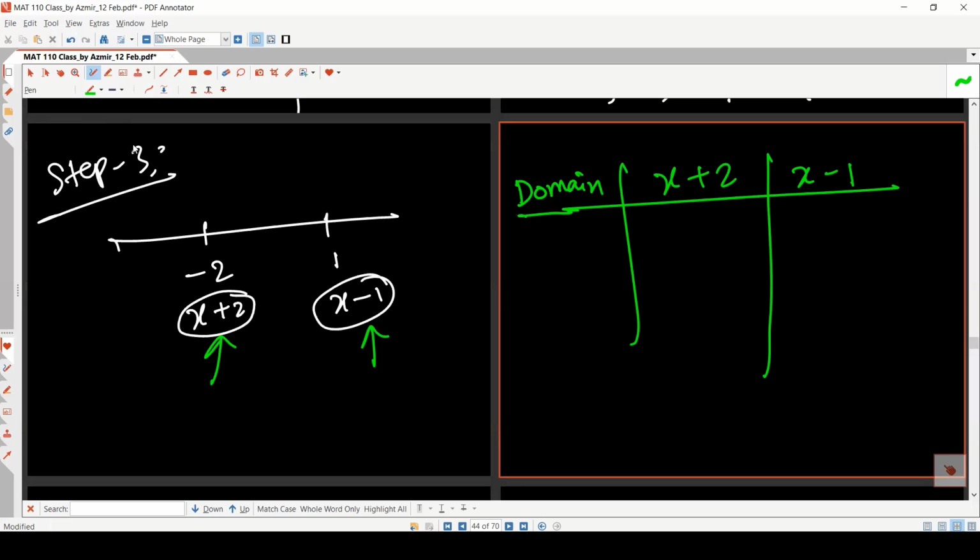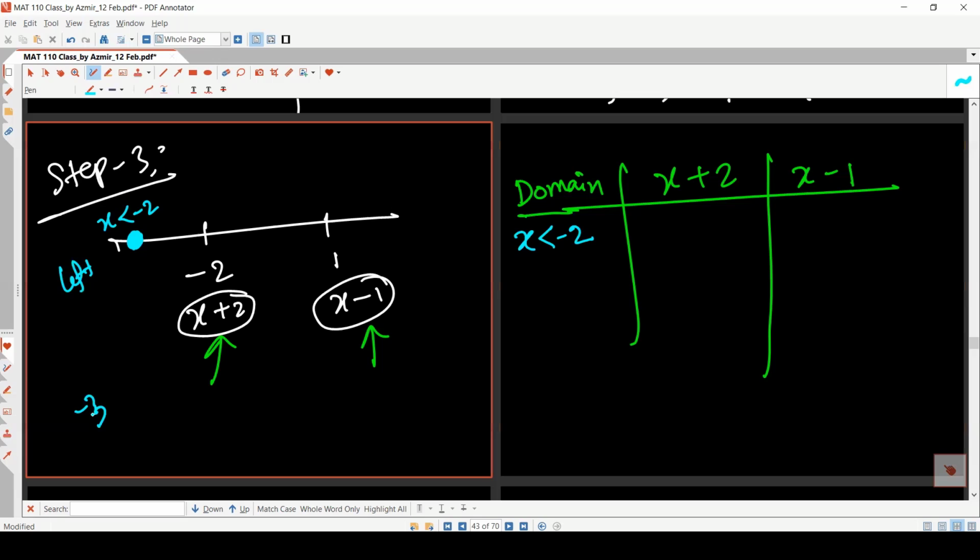So always I have told you to think about the left side of this number. The position will be x less than minus 2. Now x less than minus 2 means it may be minus 3, it may be minus 100.